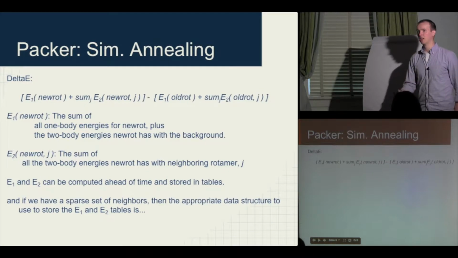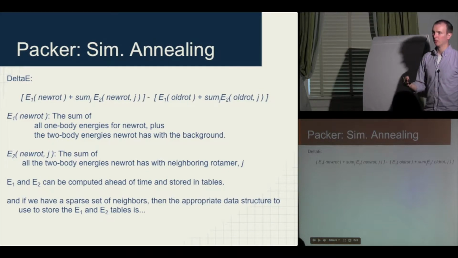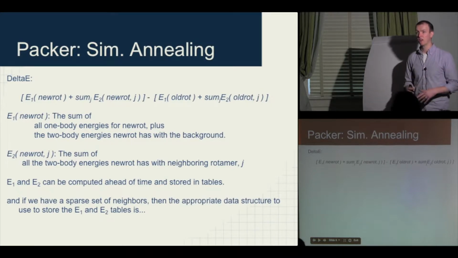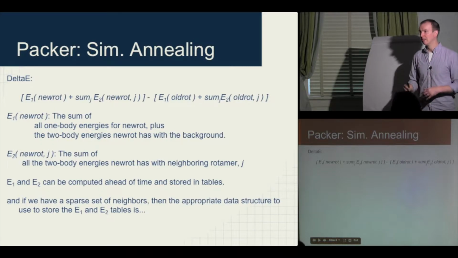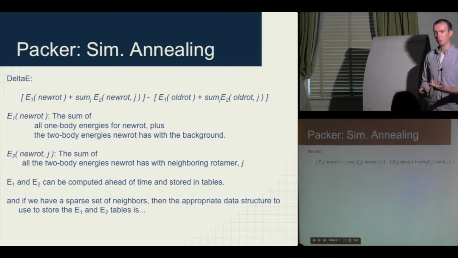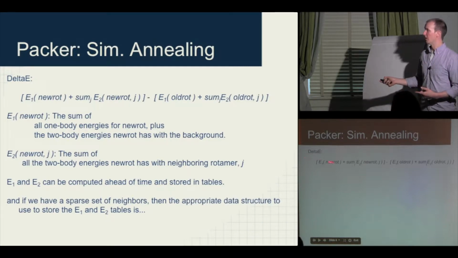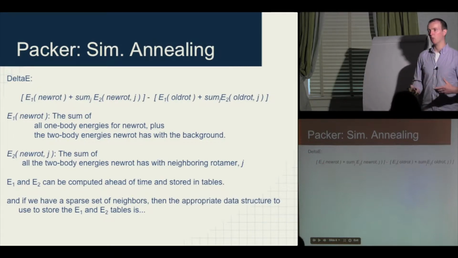You look up in the Dunbrack table, given the assignment of phi and psi to this particular position and the chi that I have at this rotamer, what's the energy that I get for that? And it's independent of the positions and conformations of any of the surroundings. You just need one residue in order to define the Dunbrack energy. So that'd be an example of part of the one-body energies.